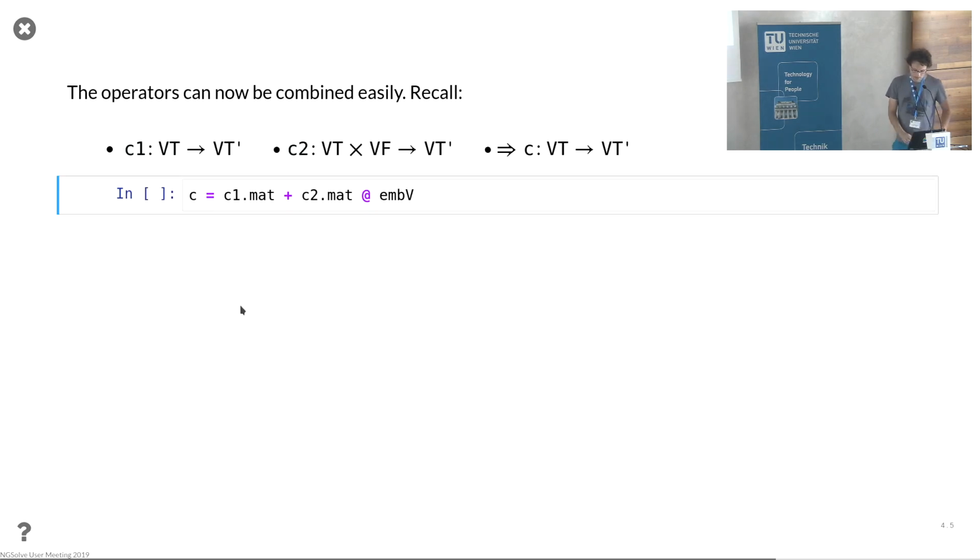And then I can sum up my total operator C by just saying C1.mat. So this is the operator application which acts on Vt already. And now the C2 acts on Vt if I compose this with this embedding V that we had before. So the sum of those matrices now maps from Vt to Vt dual.